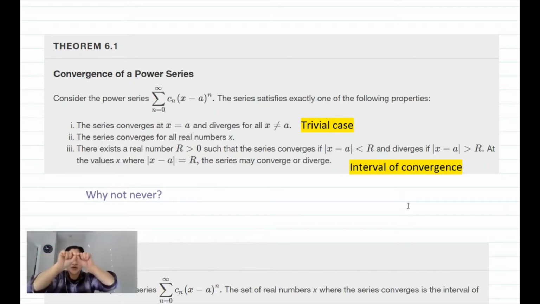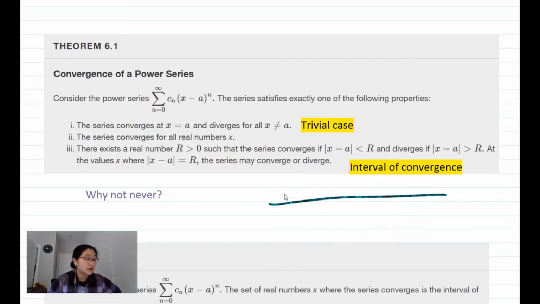So we have a radius of convergence, which is like the distance. That's a really bad curly bracket. The distance is our radius of convergence, but our interval of convergence is going to be between our brackets, and then this is our A.